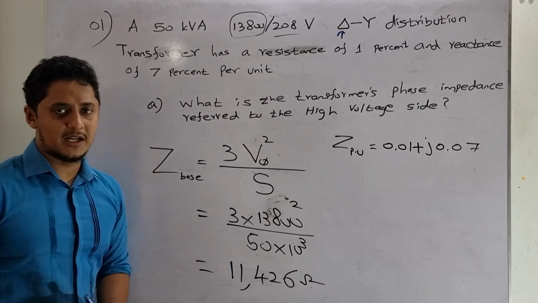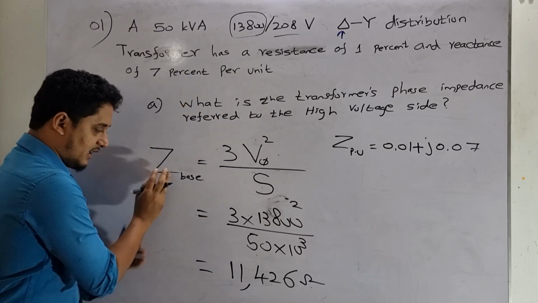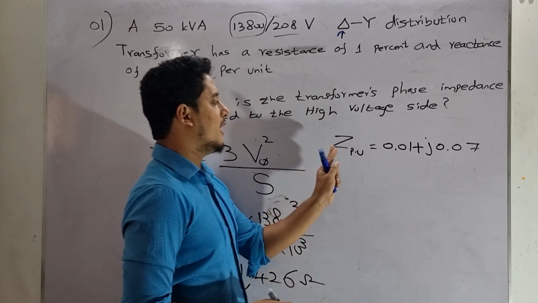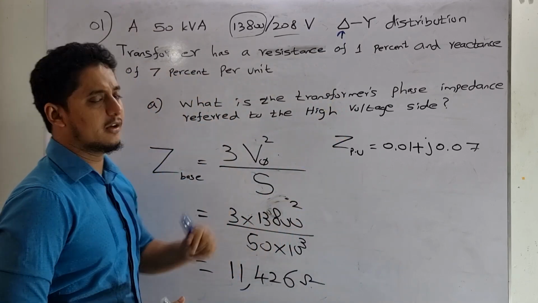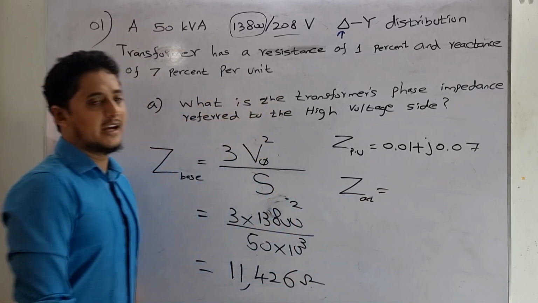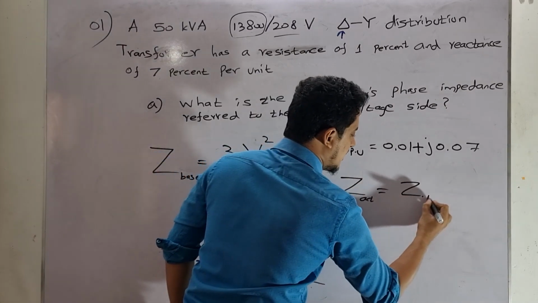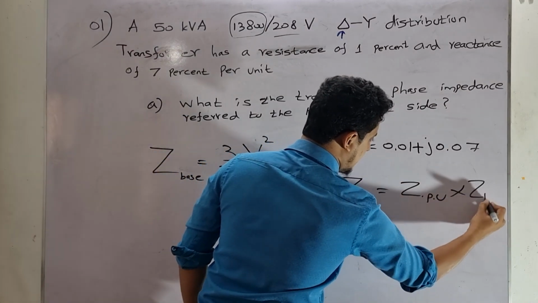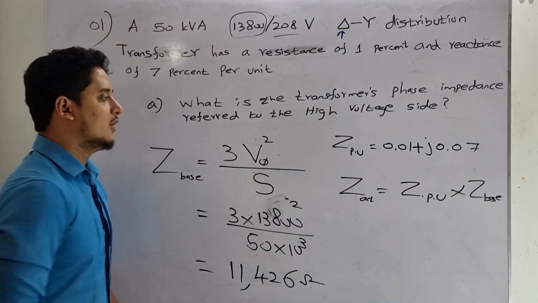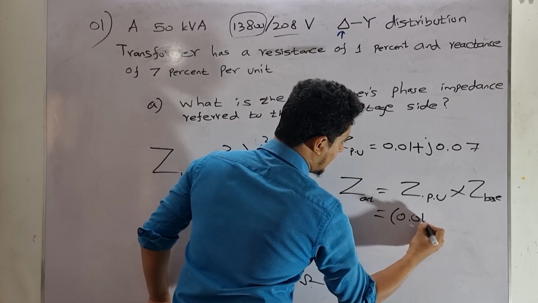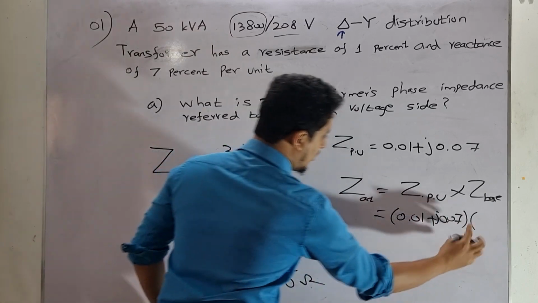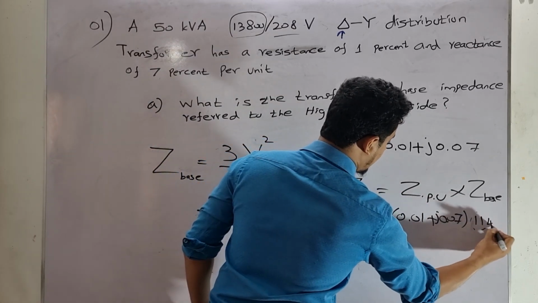This is the base impedance referred to the high voltage side. From this base impedance we can calculate the actual impedance referred to the high voltage side. The actual impedance referred to the high voltage side is equal to per unit impedance multiplied by base impedance. So per unit 0.01 plus j0.07 multiplied by 11,426.